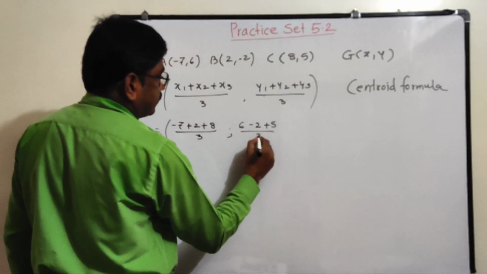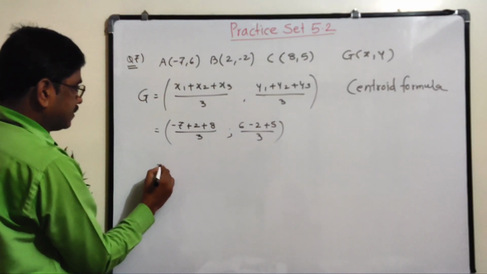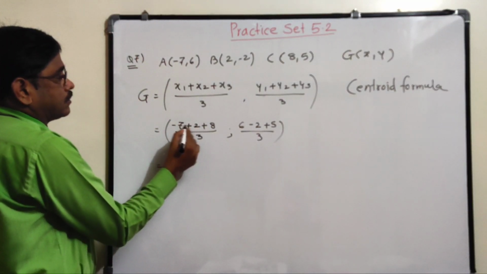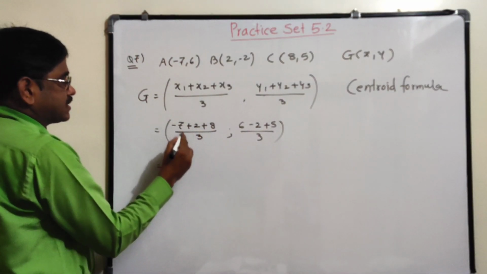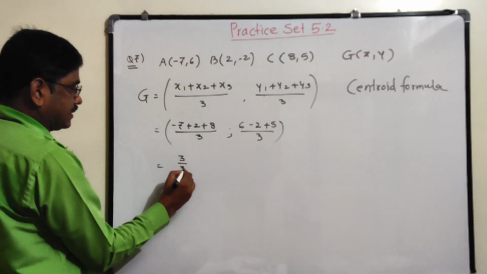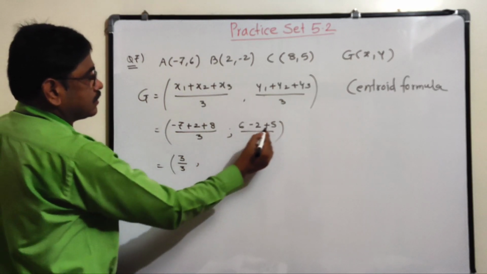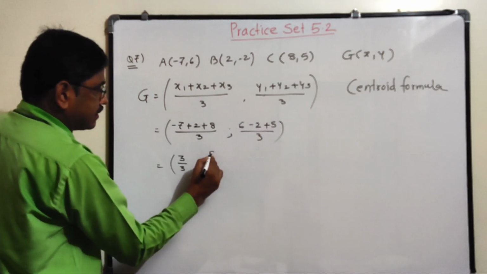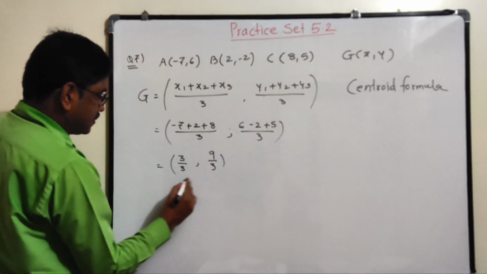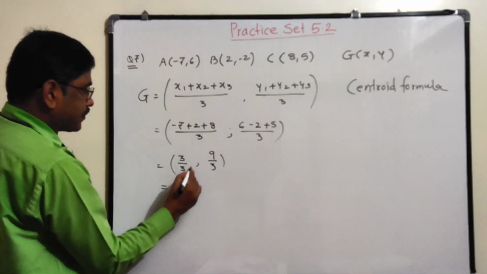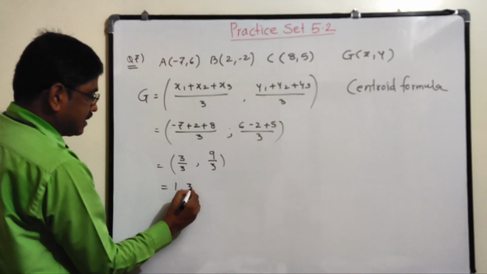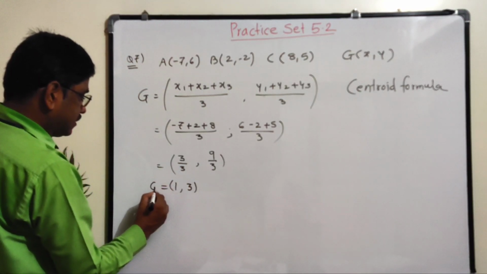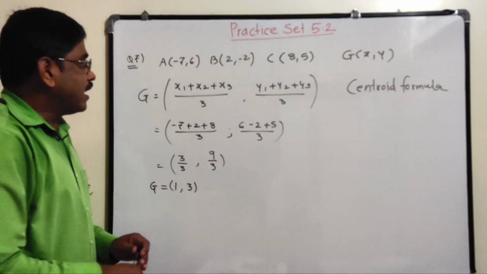It's so easy. So here 8 plus 2 is 10, 10 minus 7 is 3, divided by 3, and here 6 plus 5 is 11, 11 minus 2 is 9, divided by 3, so we get 3 by 3 is 1, and here 3 threes are 9, so 1, 3. The coordinates of centroid are 1, 3.